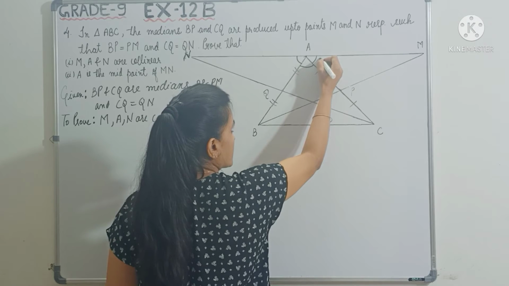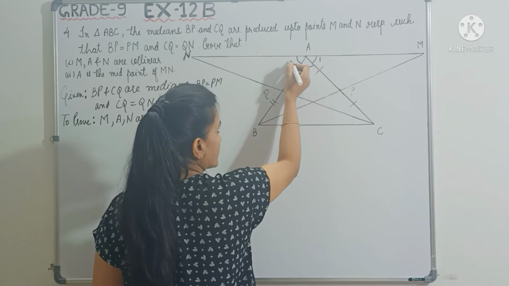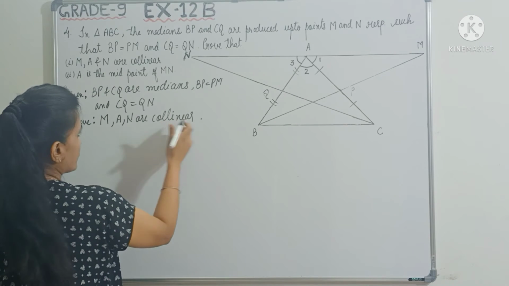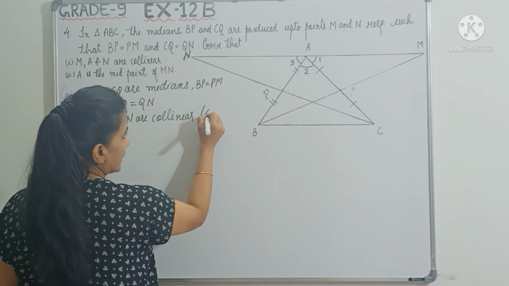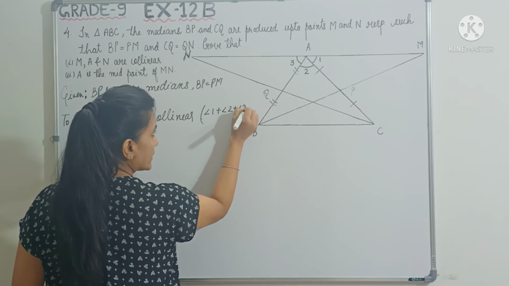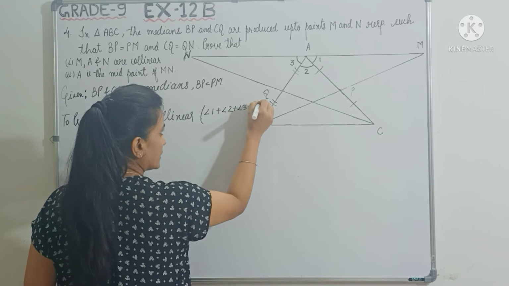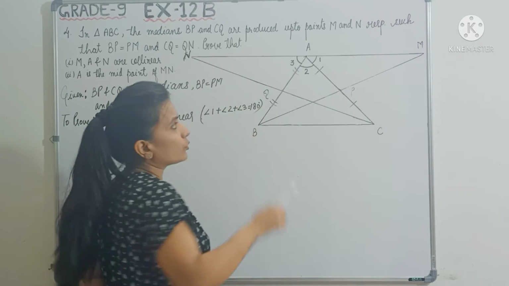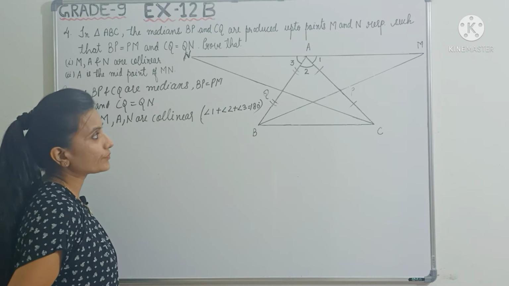Can we name this angle as 1, this as 2 and this as 3? So basically we have to show that angle 1 plus angle 2 plus angle 3 is equal to 180 degrees. If you show this much, it means that M, A, N are collinear points, right?